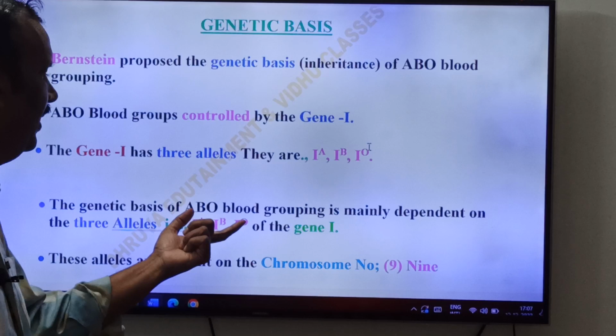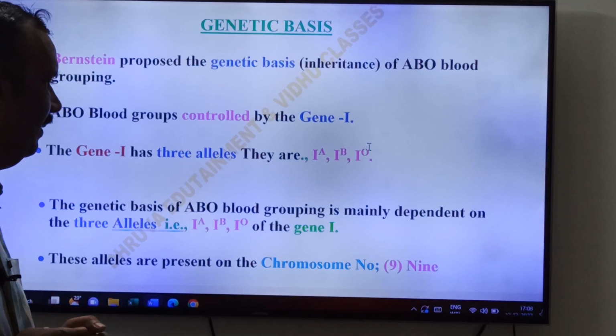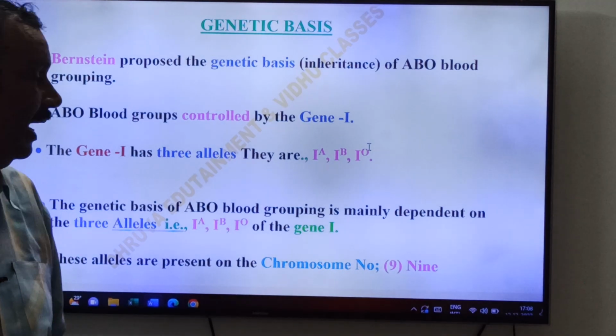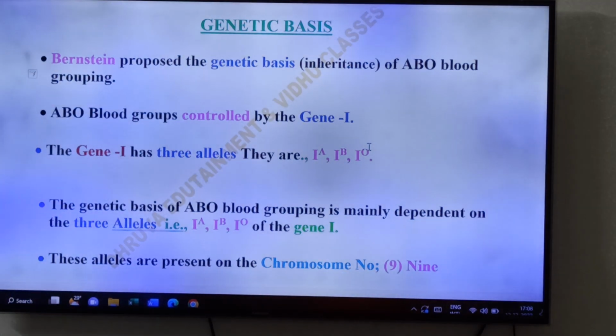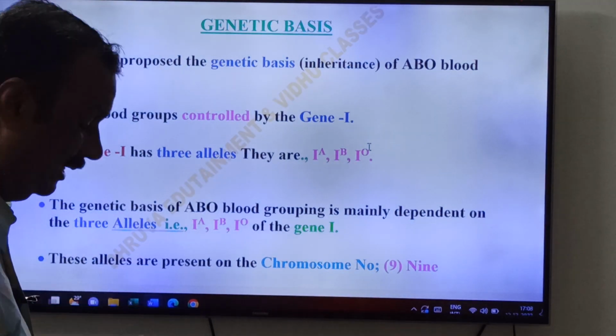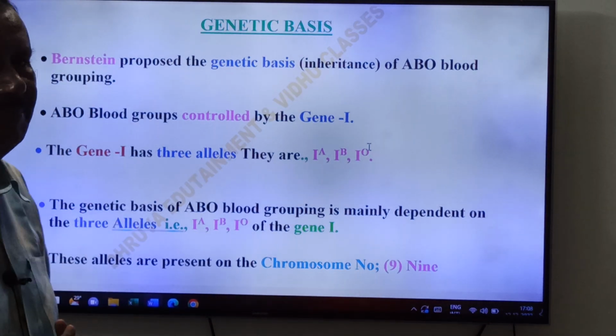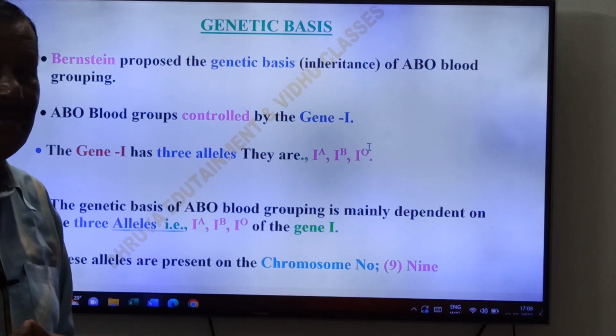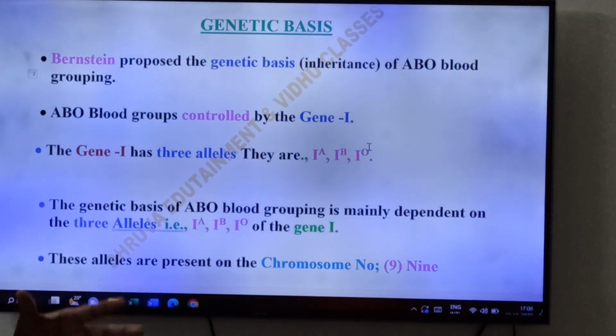The genetic basis of ABO blood grouping mainly depends on these 3 alleles, IA, IB and IO of the gene I. These alleles are present on chromosome number 9. Once again, Bernstein proposed the inheritance of the ABO blood groups.